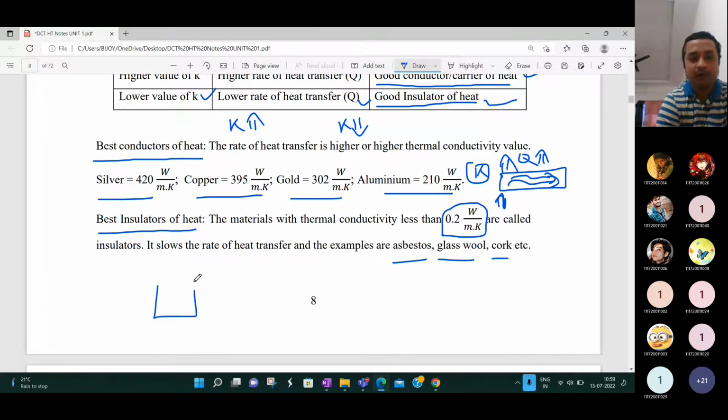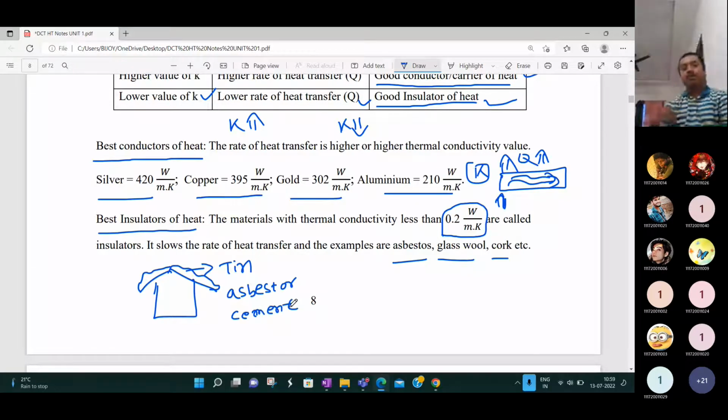In your home, nowadays you may not find it, but if you go to some village area, you may find that they use either tin, asbestos, or now a cemented one on the top of the house.